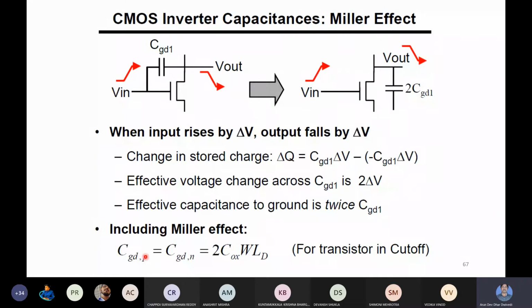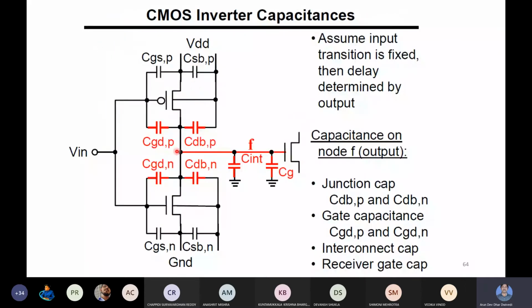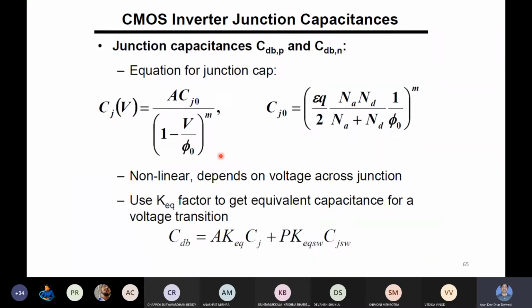The overlap capacitances CGDP and CGDN are COX W L overlap, at the drain side and source side, but here mainly the drain side capacitance is connected at the output port. The source side is not coming into the picture. Even though only the drain side overlap capacitance is there, due to the Miller effect it becomes double.